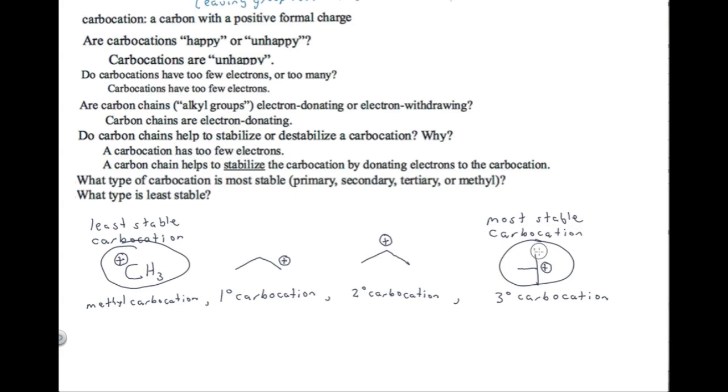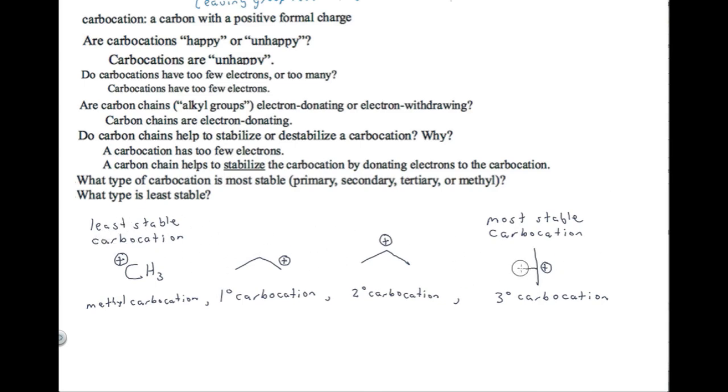The carbon chains are more electron donating than hydrogens, so when a carbocation is surrounded by carbon chains, that helps to stabilize it compared to when the carbocation is surrounded by hydrogens. This carbocation is surrounded by 3 carbon chains. This carbocation is surrounded by 2 carbon chains and a hidden hydrogen.